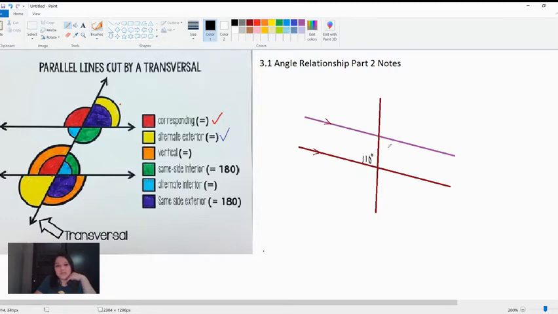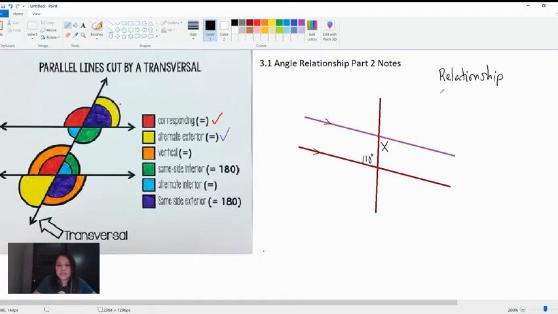So let's say I call this angle 110 degrees. What is this unknown angle? First we identify what the relationship is. These two angles are interior and they are on opposite sides. So that's alternating interior angles. Alternate interior angles are also considered congruent.